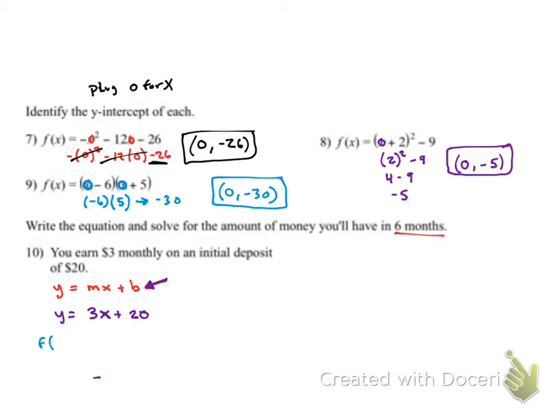Right? So the function of 6, so 6 months, is equal to 3 times 6 plus 20. 3 times 6 gives us 18. 18 plus 20 is 38. So the function of 6, so 6 months we will have $38.